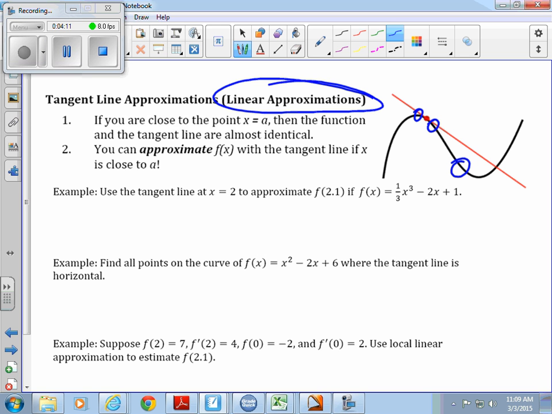Well, to do that, I need to find a tangent line. What are the 3 things I need to find a tangent line? Three things. To write an equation of a line in general: x, y, and m. It tells me to find that tangent line at 2.